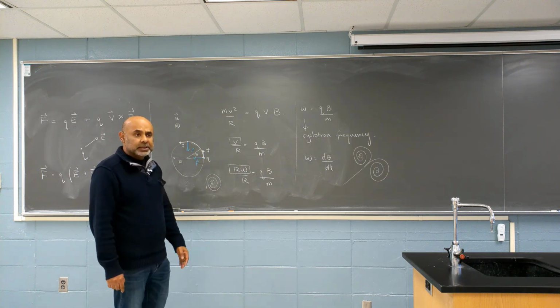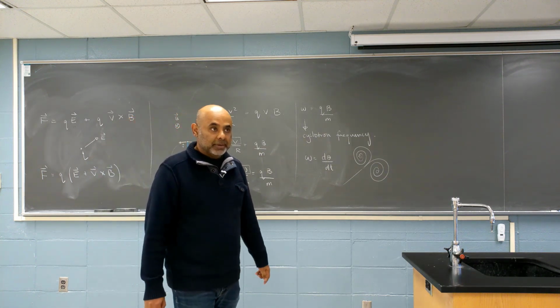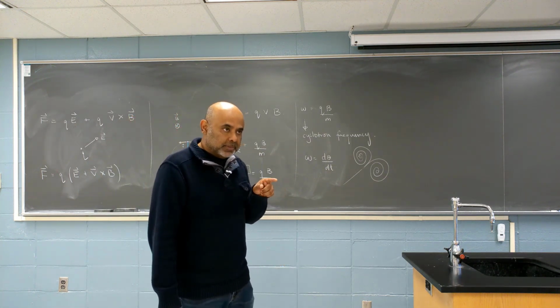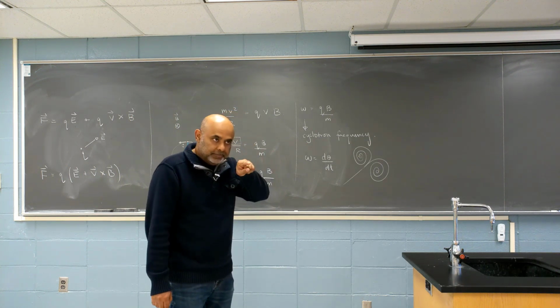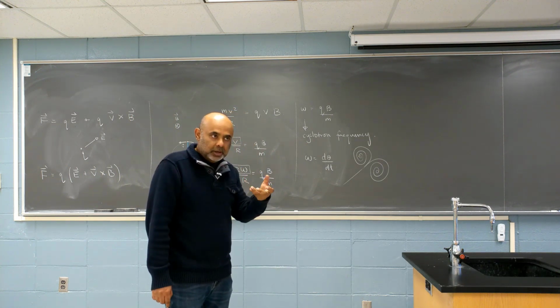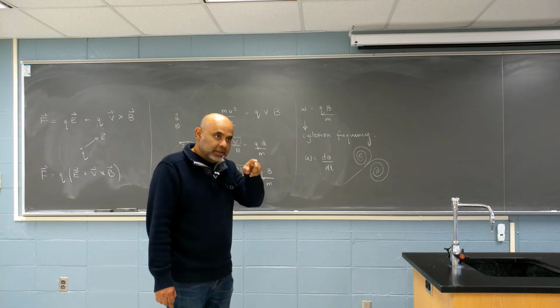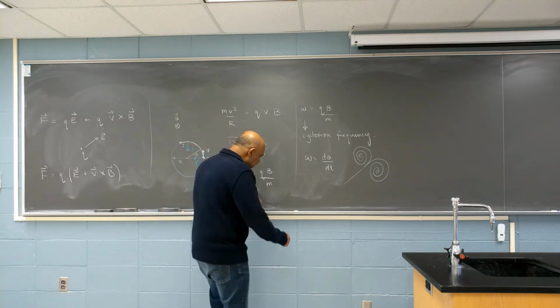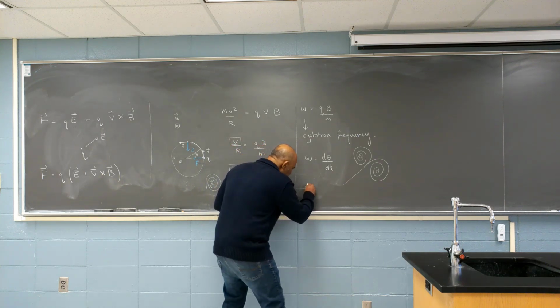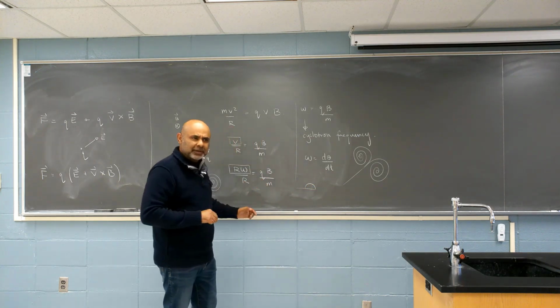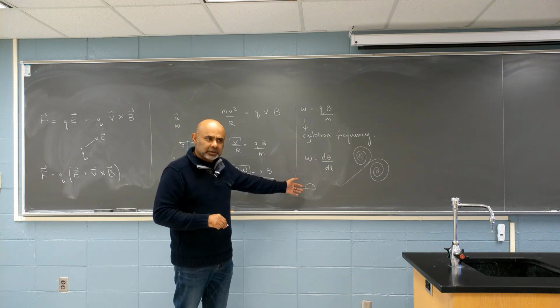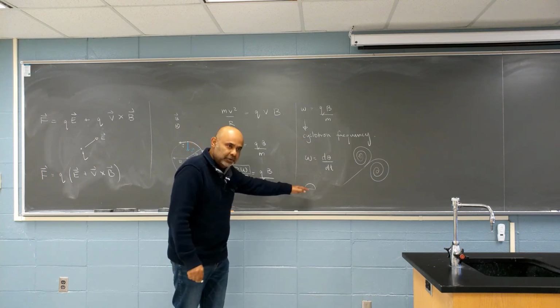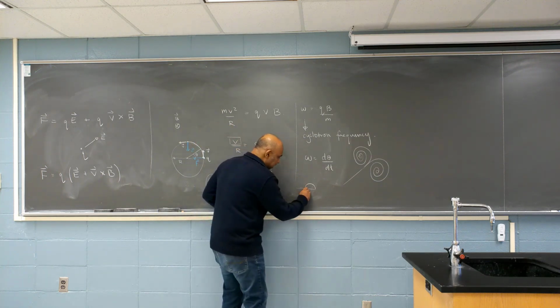You have seen this in your modern physics lab. You have seen the e over m experiment where there's an arc. You turn on the magnetic field and the radius of the arc changes. And in that lab, the arc pretty much did look like this. There was not enough time to lose sufficient energy to where you can visually see that it has deviated from its circular path.